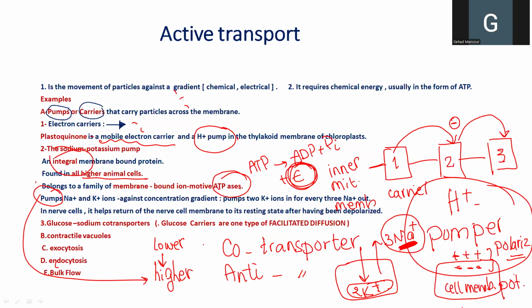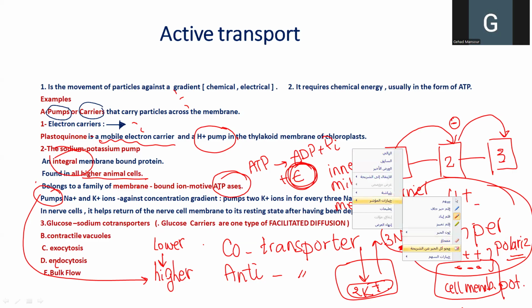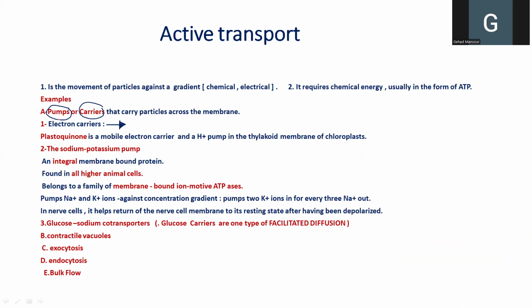And then, so we discussed the electron carriers as one example of active transport, and the sodium-potassium pump. And number 3, we have the glucose-sodium co-transporters.